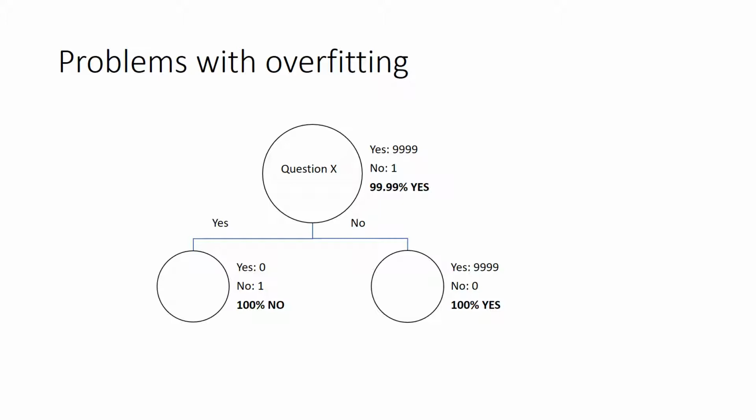In the test data set, it's not going to hold true anymore, most probably. And that's what overfitting is. You ought not to have split this data set further. It was already 99.99% yes, which is a very strong yes, and you should have just closed at that. You didn't need to further divide this into the no and the yes. I hope I'm able to explain the intuition behind overfitting.